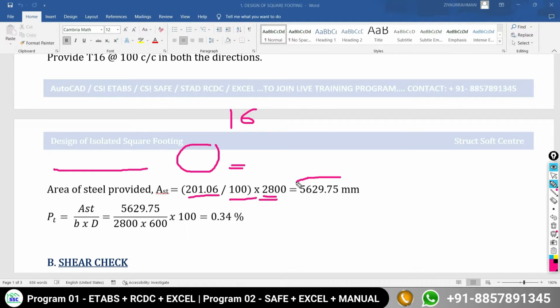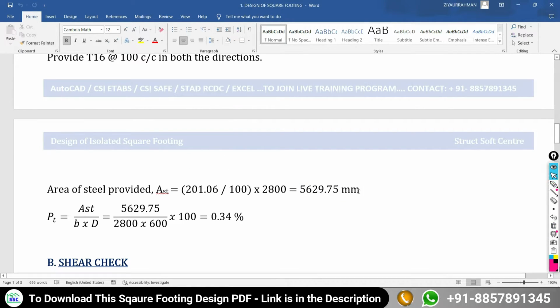So the total area of reinforcement we have provided is 5629.75 mm square, because it is the area of reinforcement.